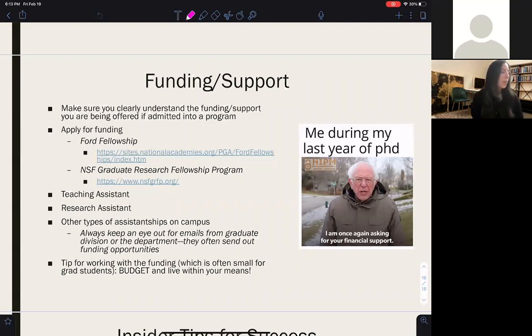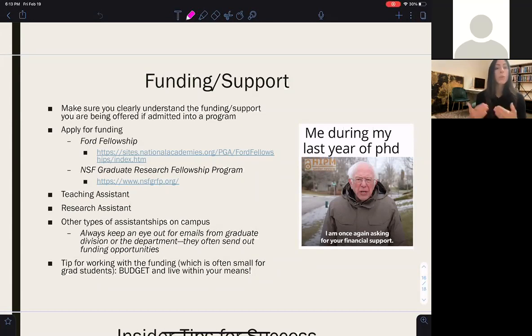But there are a lot of ways that you can help yourself so that you are not stressed out. The first thing I would suggest is when you receive your packet or your admittance into a program, you want to set up a meeting either with the faculty advisor or with the graduate student coordinator, so you can clearly understand what support is being offered to you.